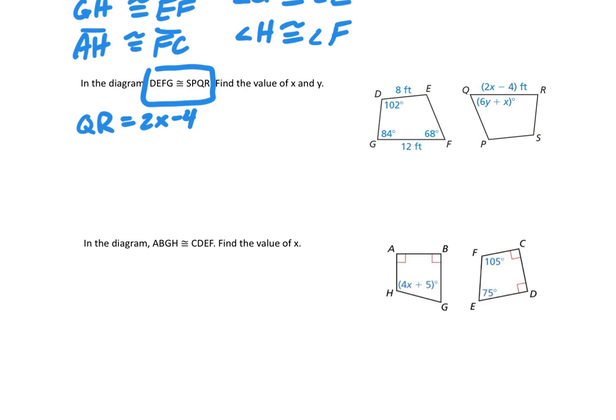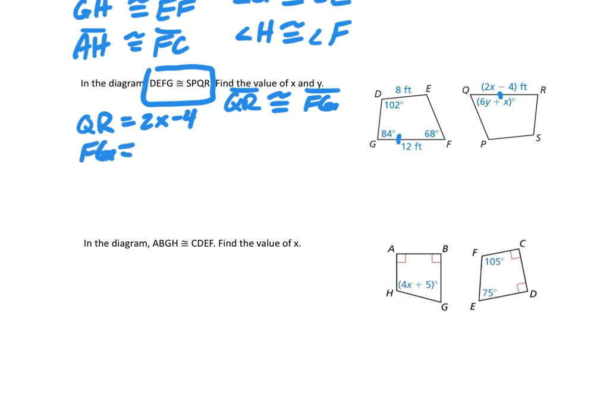QR is the last two letters of this figure, right? What's the last two letters of the original figure? FG, okay? So QR and FG are going to be the same. So QR is going to be congruent to FG.